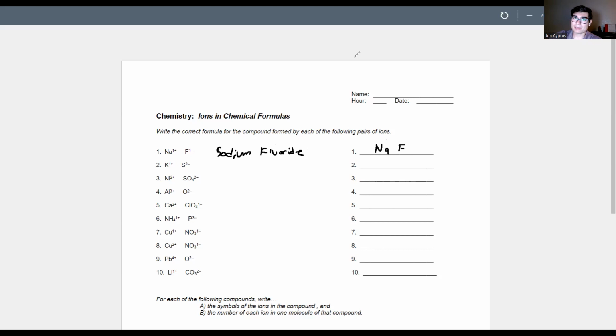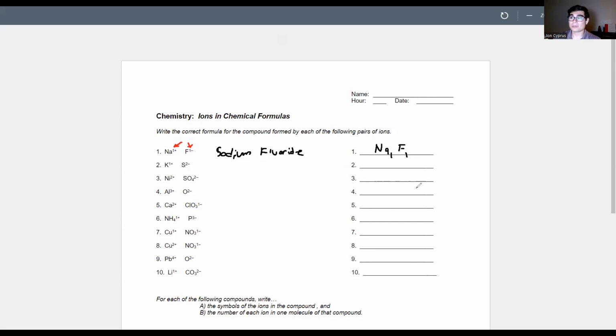Now I have to figure out what these subscripts are going to be, right? Is it a 1? Is it a 2? Is it a 3? Well, I want these charges to balance out. I want the +1 and the -1 to cancel out. So I'm going to have these in a 1-to-1 ratio: 1 + 1 and 1 - 1 cancels out to 0.